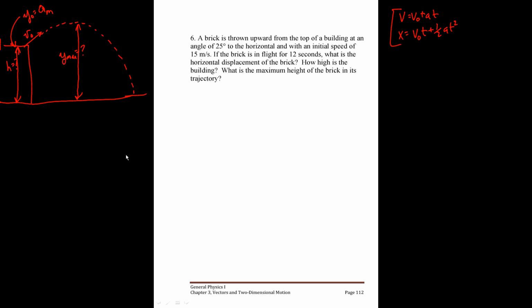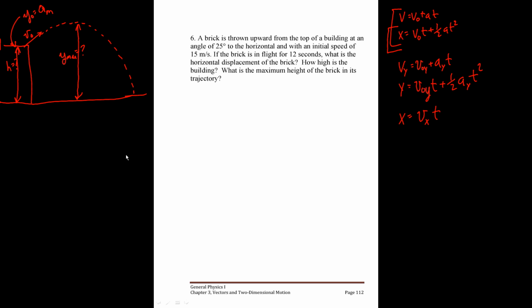In the x and y terms, we can say that vy equals v naught y plus ayt, y equals v naught y t plus 1/2 ayt squared. And then we can also say that x equals vx times t. That comes from this equation, since ax is equal to 0. Those are your basic projectile motion equations.